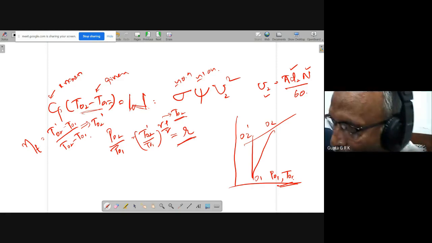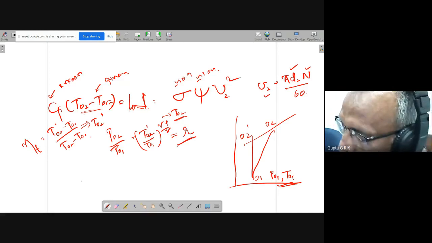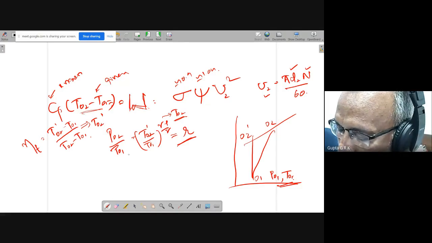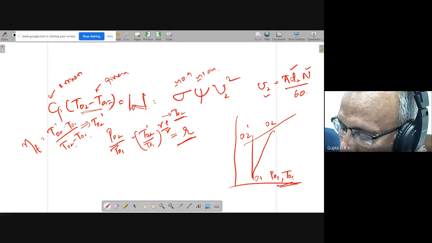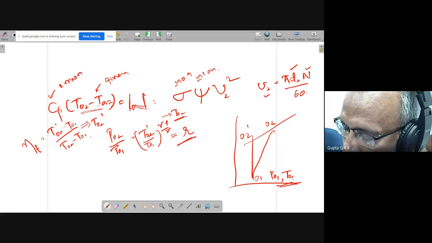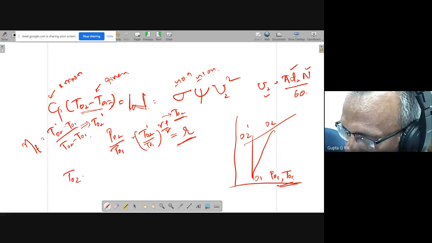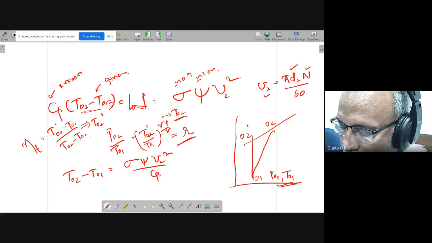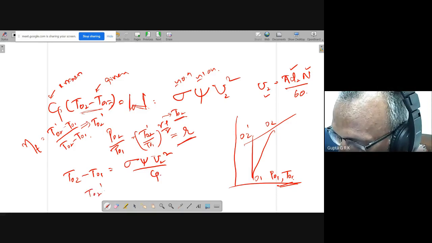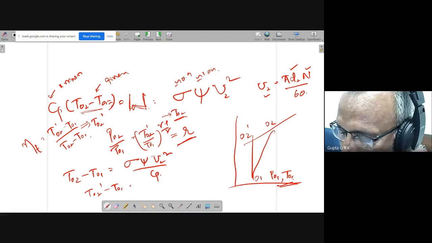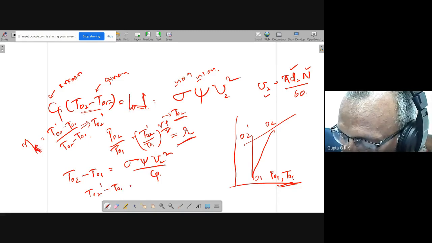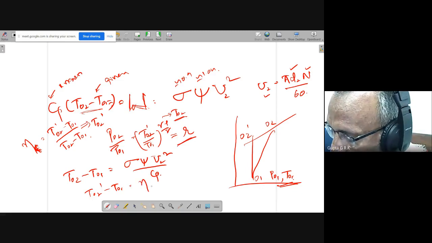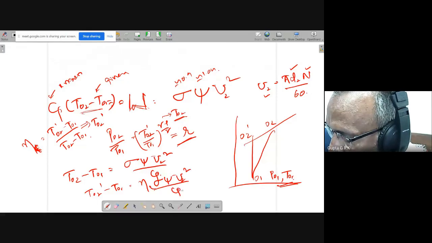So if I simplify in a single formula, it will be something like this. T02 minus T01 is equal to sigma psi U2 square by Cp. And T02 dash minus T01 is equal to eta C sigma psi U2 square by Cp.